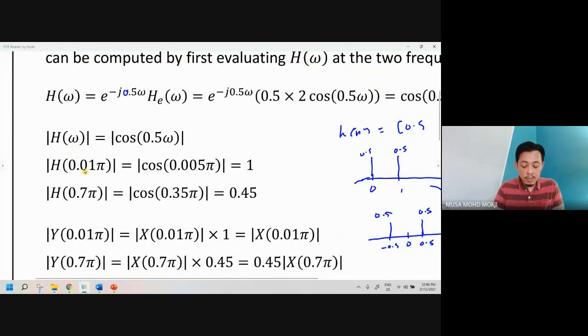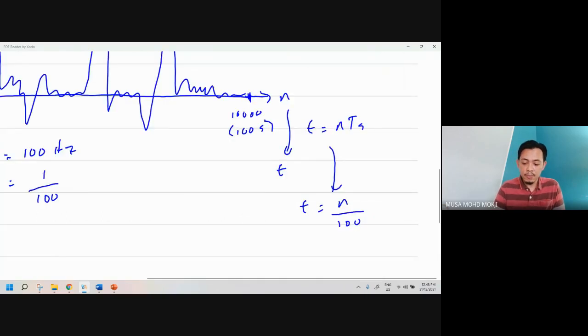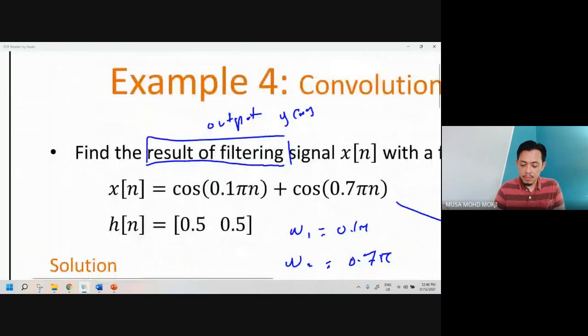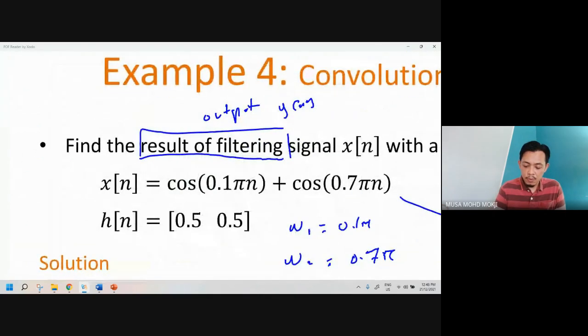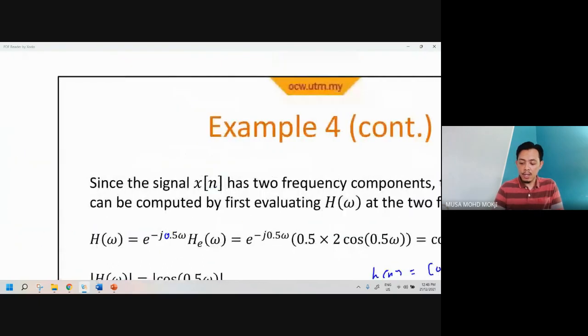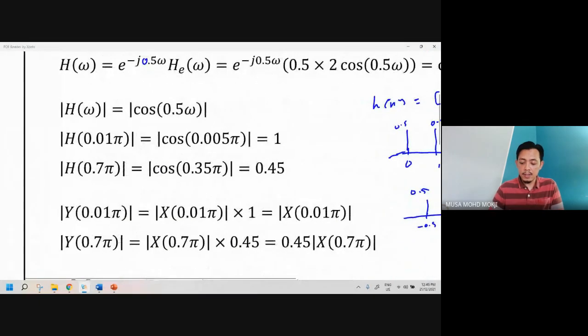It's supposed to be 0.1, or maybe I'm making a mistake here. Okay, something is wrong here. Maybe this one's supposed to be 0.01.